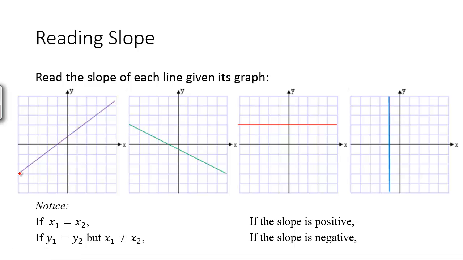So the first example, in reading slopes, we need to find some stable points. So here's a stable point that's on a nice marking, and here's another one. So those 2 points we can use to find our slope. So how much is it going up and how much is it going over by? Visually we can just look at it in this way, whereas if we were doing it numerically, you'd look at the coordinates of this point, which is -5, -3, and the coordinates of this point, 3, 3, and you could apply that formula.